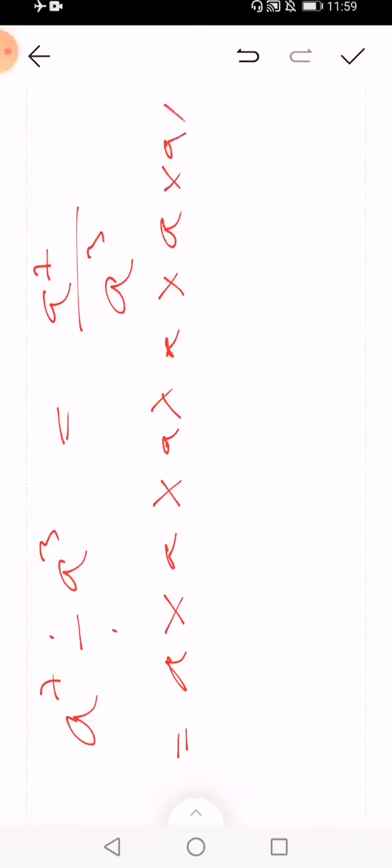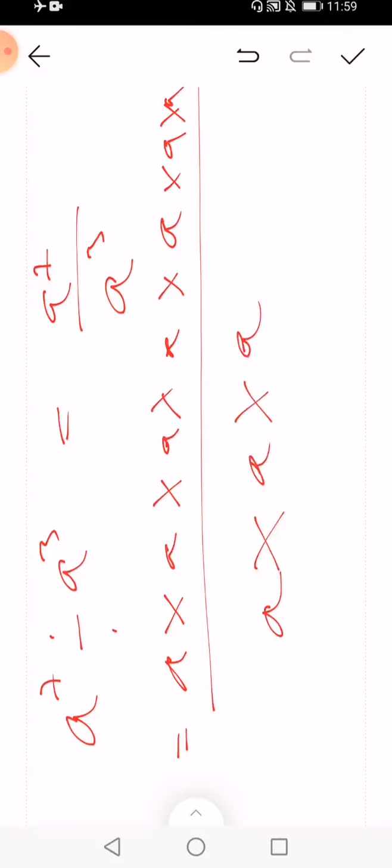So we can write this one a times a times a, 7 times: 1, 2, 3, 4, 5 times a times a. So there's another a here. 1, 2, 3, 4, 5, 6, 7. Yes. Divide by a times a times a, so a 3 times.